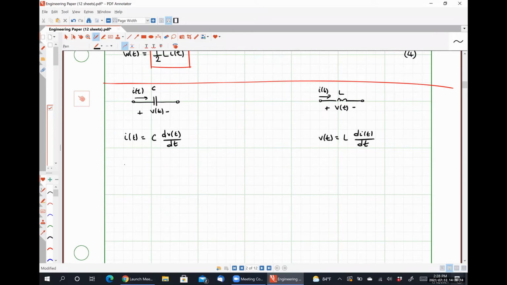We also got the equation V of t was equal to 1 over C integral from t naught to t of I of t prime dt prime plus V at t naught. So for our inductor, we will have I of t is equal to 1 over L integral from t naught to t of V of t prime dt prime plus I of t naught.